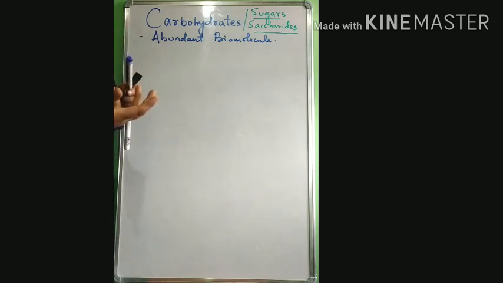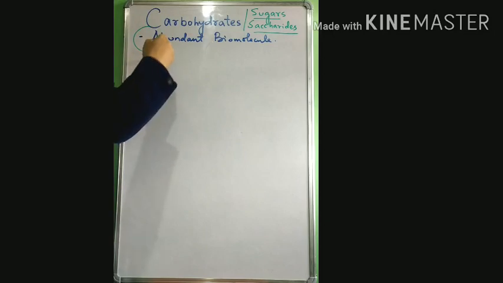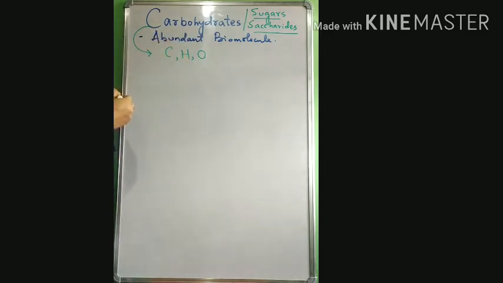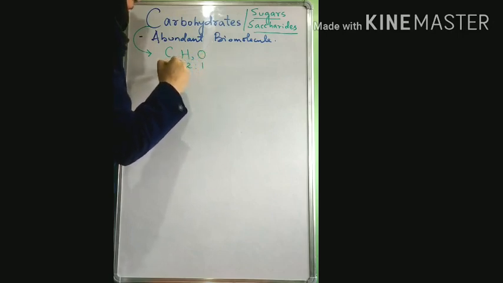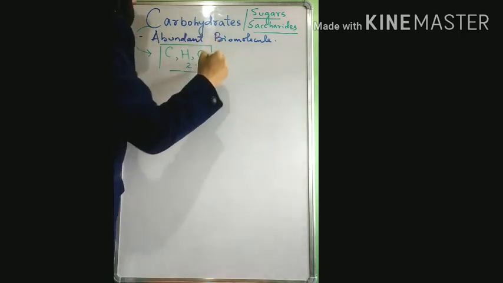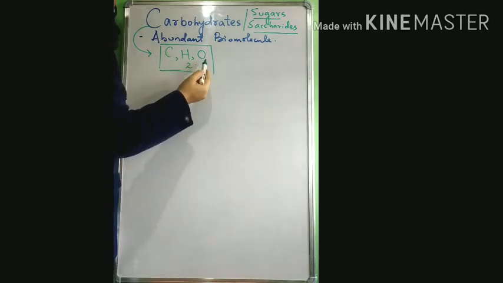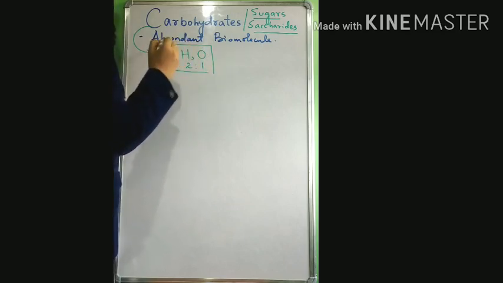Earlier it was thought that any molecule comprised of carbon, hydrogen and oxygen is a carbohydrate, and the ratio of hydrogen and oxygen in these molecules must be 2:1. So if a molecule satisfies this condition, containing carbon, hydrogen and oxygen, where hydrogen and oxygen are in the ratio of 2:1, those molecules were called carbohydrates.